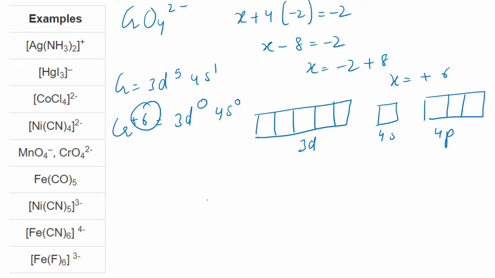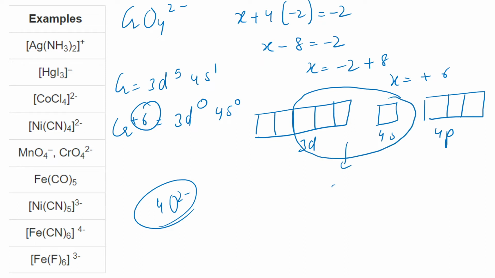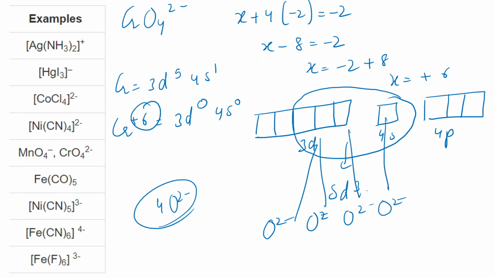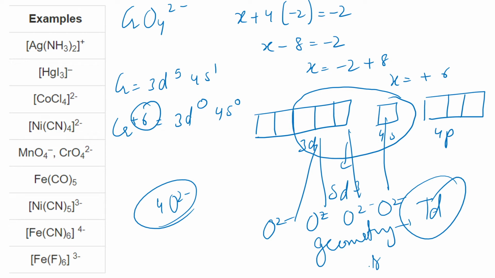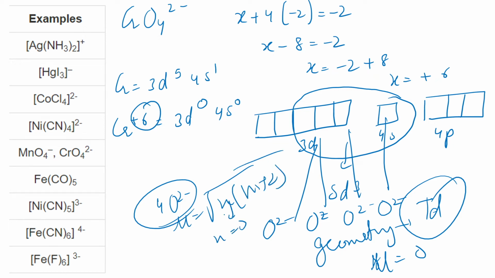Similar to the case of permanganate ion, 4 oxide ions are coming. So what will be the hybridization? Hybridization will again include s and 3 inner d orbitals. So the hybridization will be sd3, and each of the oxide ions will be giving electrons to this hybrid orbital, and the overall geometry is tetrahedral, and the magnetic moment is 0, since mu is equal to under root n into n plus 2. n is equal to 0 over here.